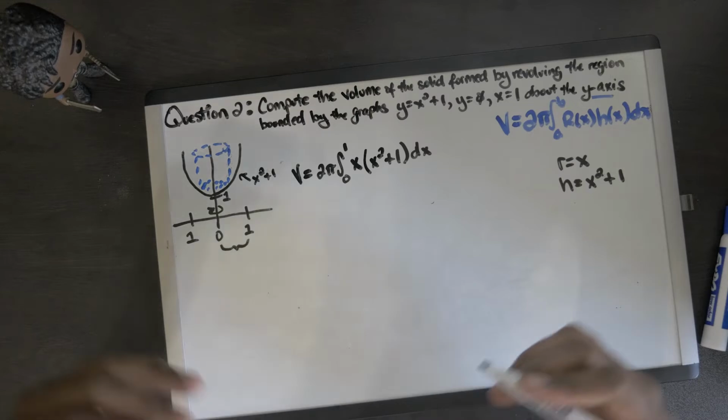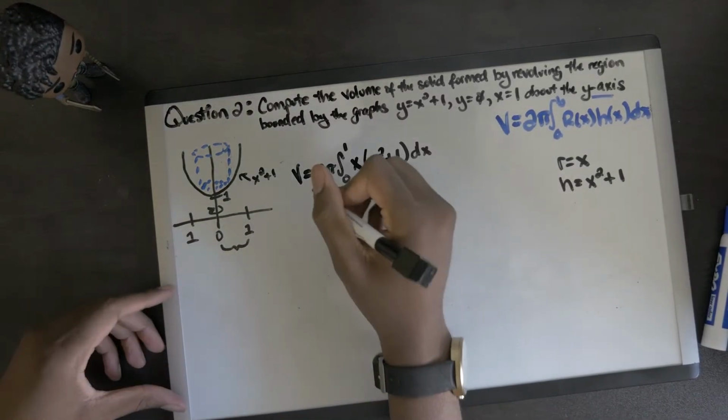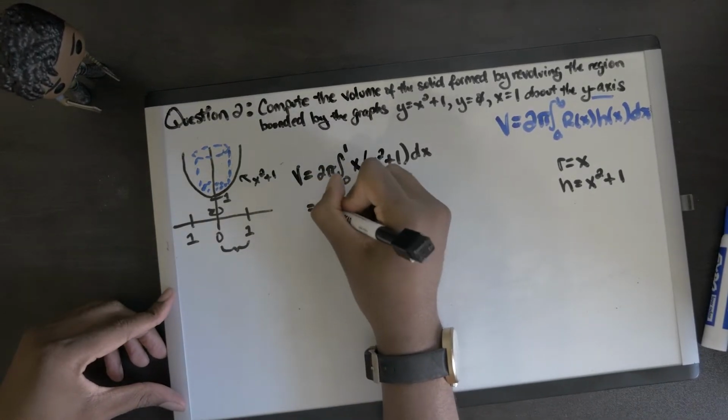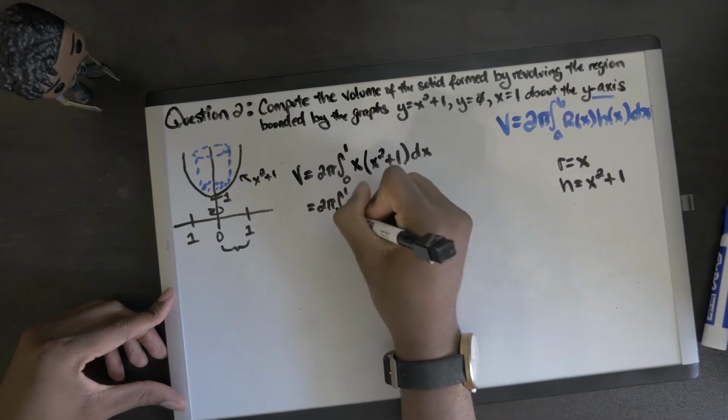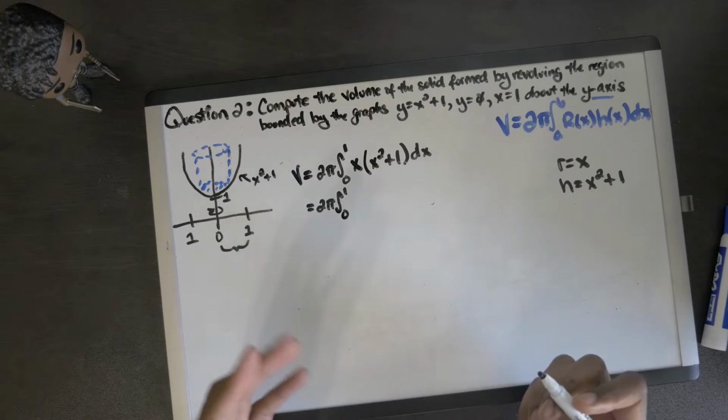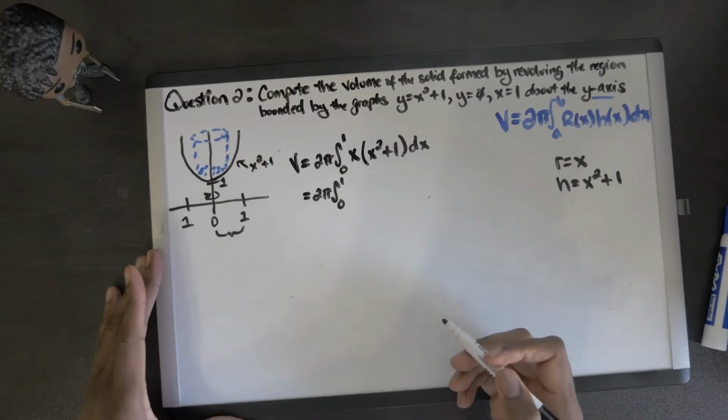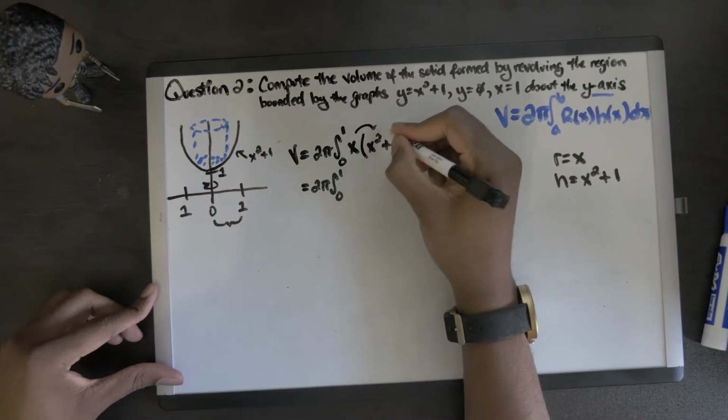Now, let's condense this down a little bit further. Again, we'll have 2 pi, integral from 0 to 1. Now, what can we do? Well, we can distribute the x across the problem here.